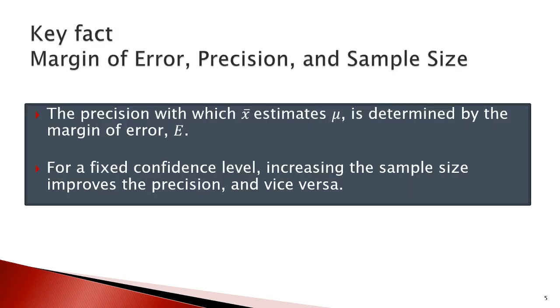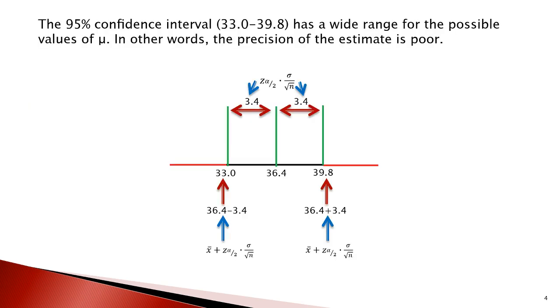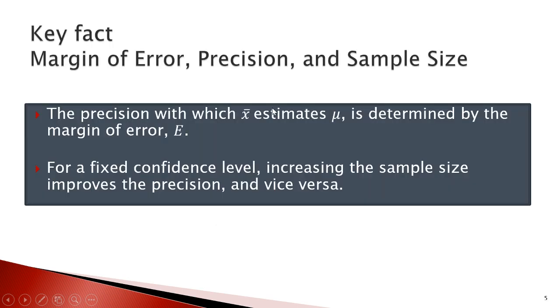And as I said, in this example, the margin of error can be calculated by z alpha over 2 times sigma divided by square root of n in this formula. In our case, the margin of error is 3.4.